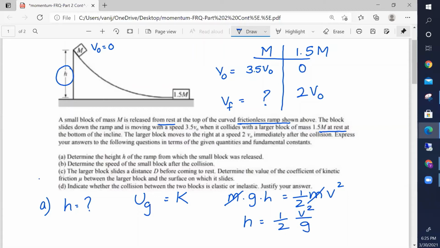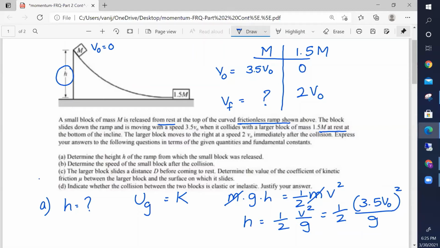Now, what is v equal to in this problem? v is going to be equal to 3.5 v naught, because when the block m comes down the ramp, its velocity is 3.5 v naught right before it collides with that 1.5 m mass. So I'm going to plug in 3.5 v naught squared over g.